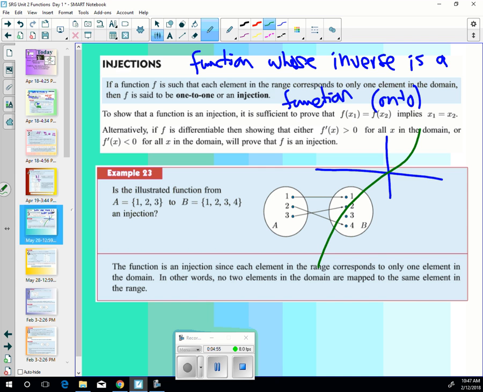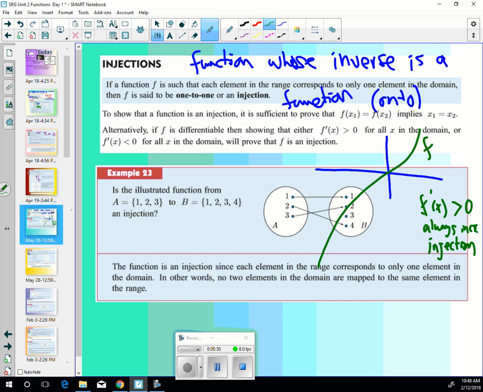What can you tell me is the slope for this entire function f? What's the derivative always going to be? Greater than 0, right? Does it ever get negative? Then it's always increasing. So therefore, it's what we call one-to-one. It's an injection.